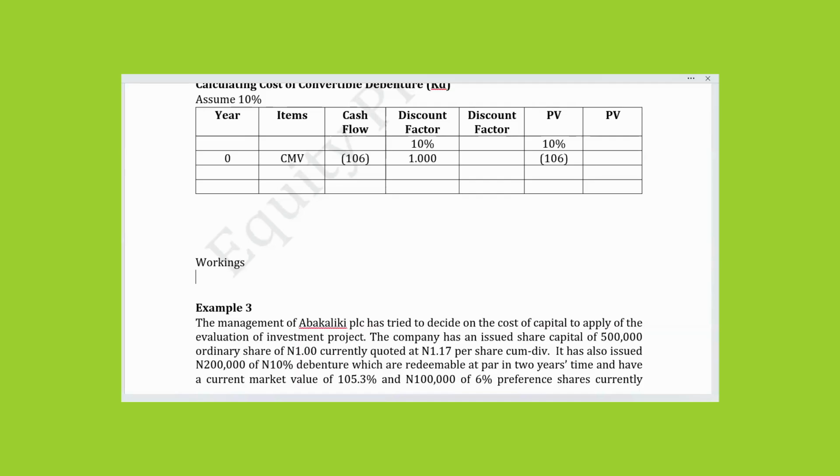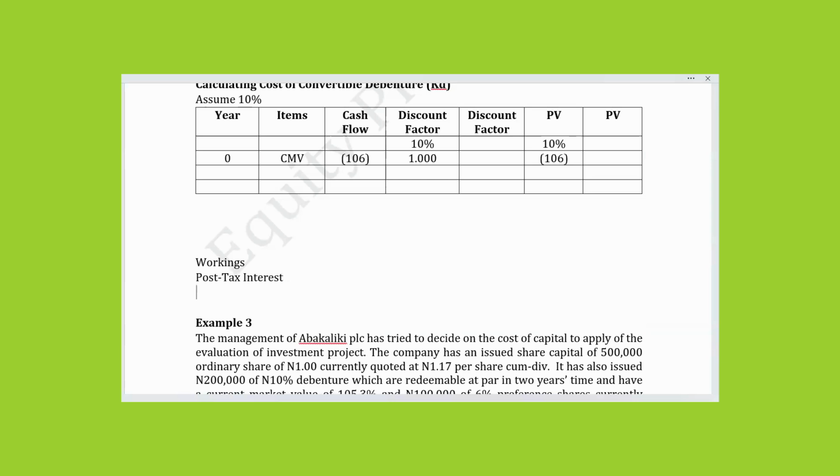So the first working we want to do is to estimate post-tax interest. You can call it post-tax or after-tax interest. Remember what I told you: debt is a cheaper source of financing because of tax deductibility benefits.